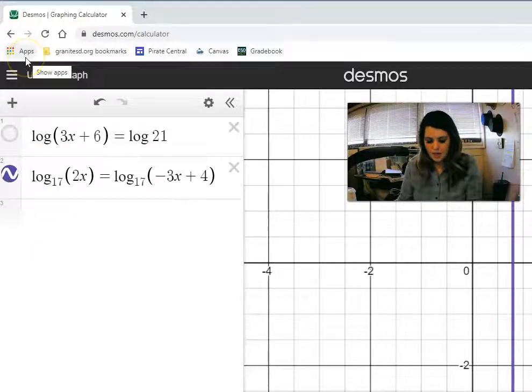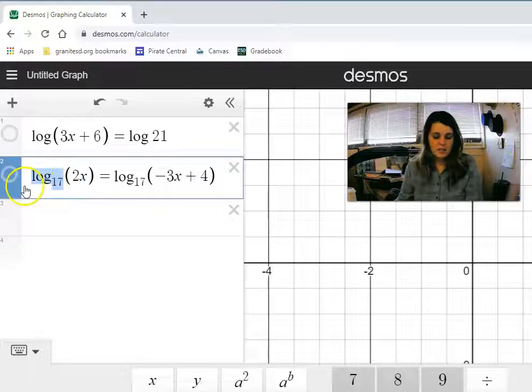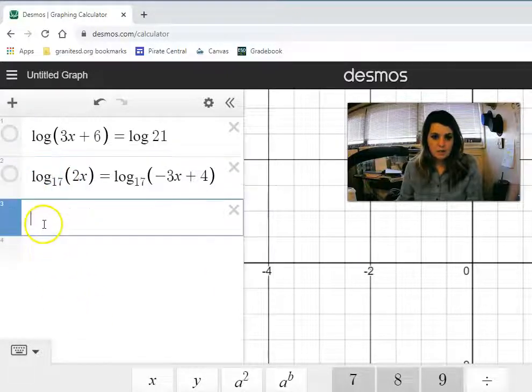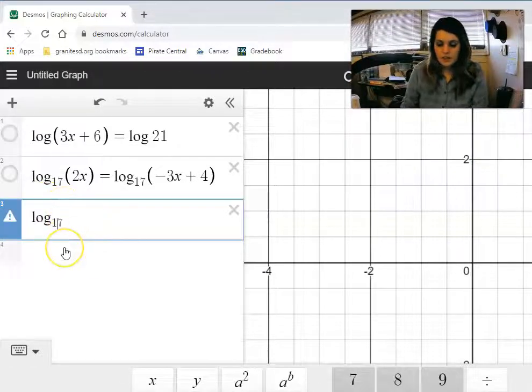Okay, let's try the one below it. So let's try the natural log base 12 one. So I can just copy and paste this from above again and just change that 17 to a 12.